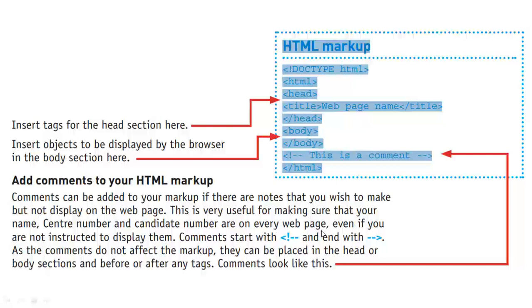All right, so now you know a comment starts with open tag, exclamation mark, dash dash, space and ends with dash dash, close tag. As comments do not affect the markup, they can be placed in the head or body section and before or after any tag. Comments look like this. So you can write this comment in between the body.